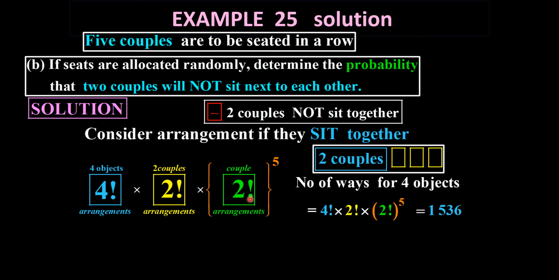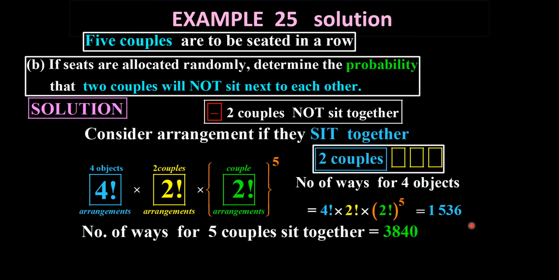We do that calculation, it gives us 1536. The number of ways of 5 couples sitting together is 3840, but we want a probability. 5 couples sitting together, that is 5 factorial, right, which we worked out from the previous question.